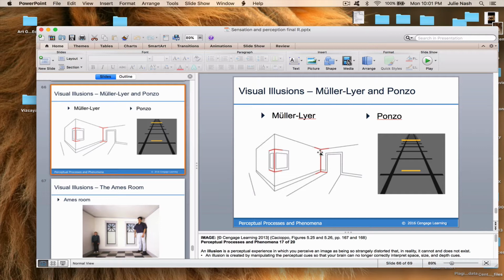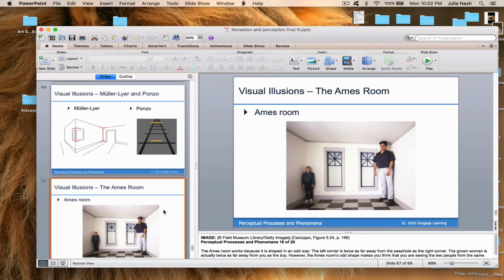It feels like no way. That has to be a longer line. But if you want to measure it, you'll see they're exactly the same. Same thing as here. This line looks so much longer, yet what's falling on my receptor is the same exact size line, and it is so hard to see that.